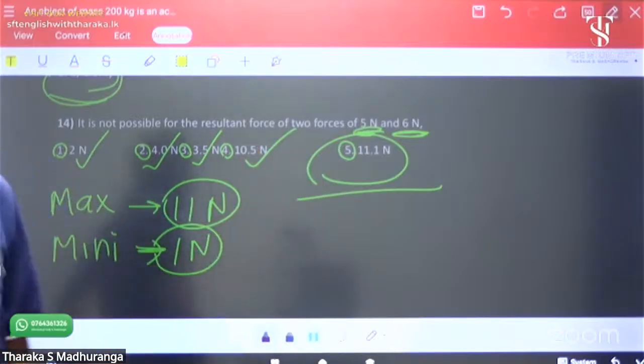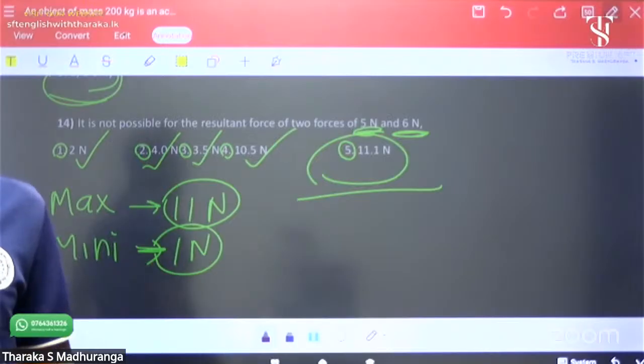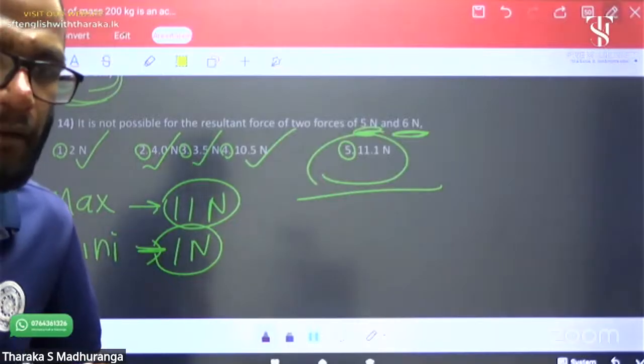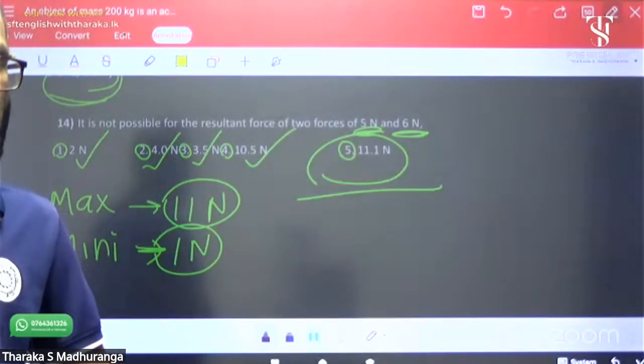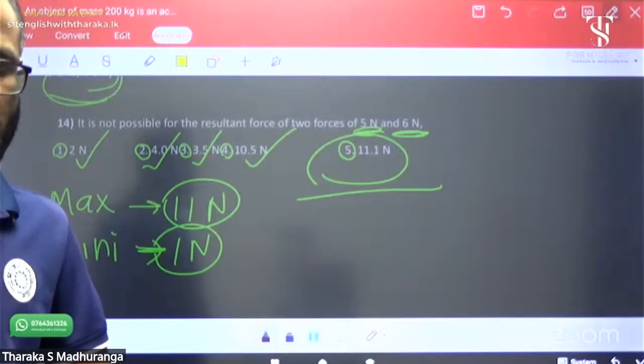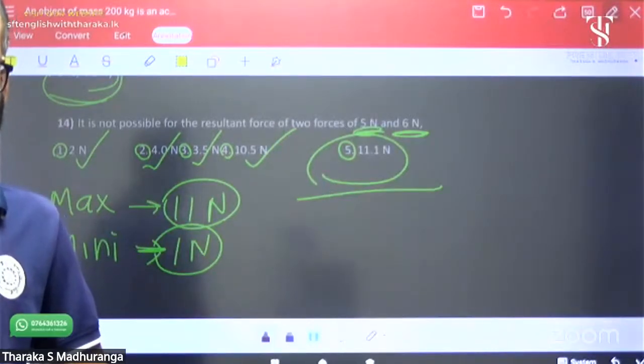Who got this one correct? Good. Correct? Oh, this is a short method.